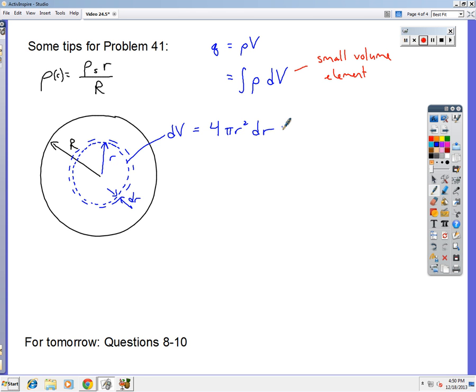The thickness is dr. And so the result is that the enclosed charge is the integral of rho, which is a function of r, times 4 pi r squared dr. And you'll integrate from 0 out to whatever radius you're interested in. If you're trying to find the total charge inside this distribution, you'll integrate to big R. If you're interested in finding the total charge within a smaller part, you'll integrate to little r.